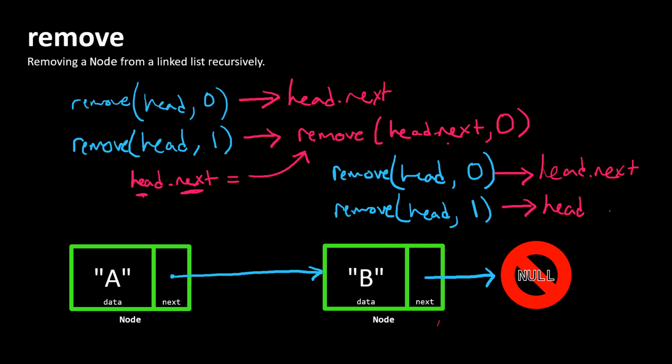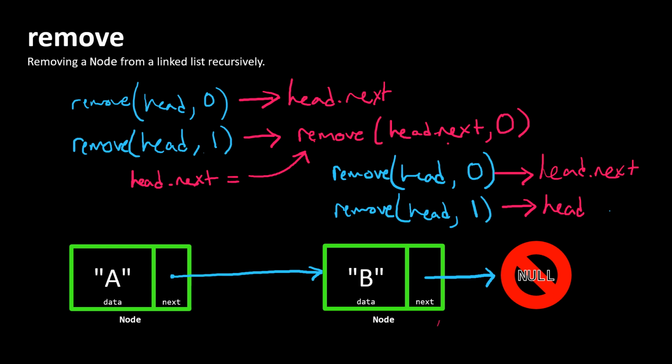So we're saying, all right, I know that remove is ultimately going to give me back the new head of a list with this particular index removed from it. And so we've sort of shifted the problem down to the function call beneath us. And so head.next is going to be the result of removing head.next at index 0.